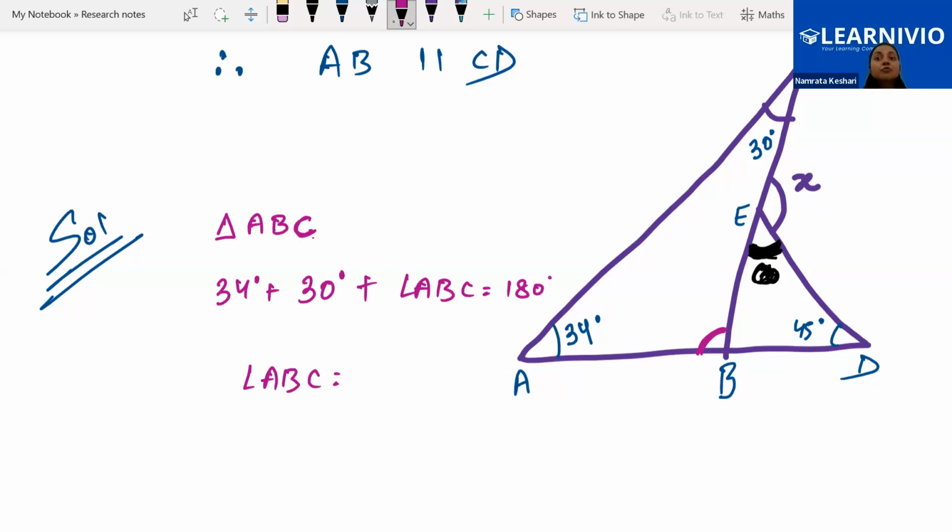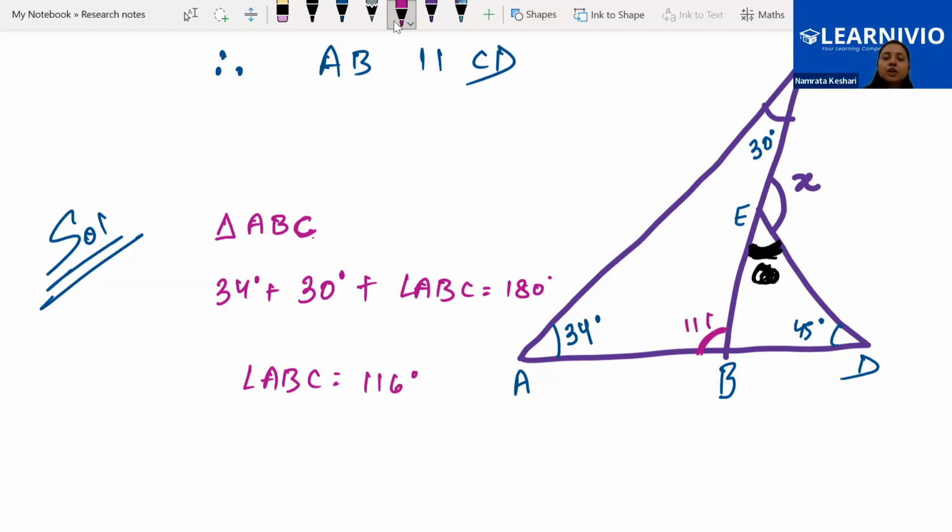Tell me quickly, what is angle ABC? Yes, 116 degrees.